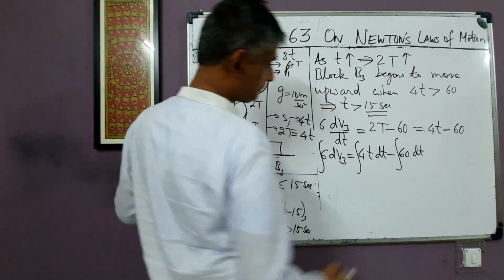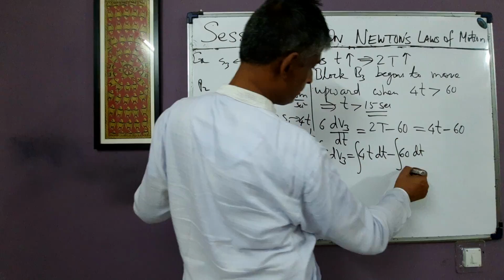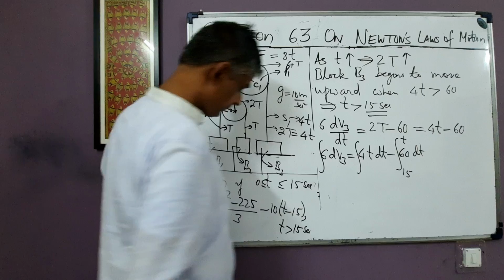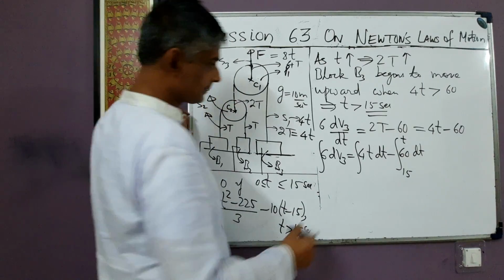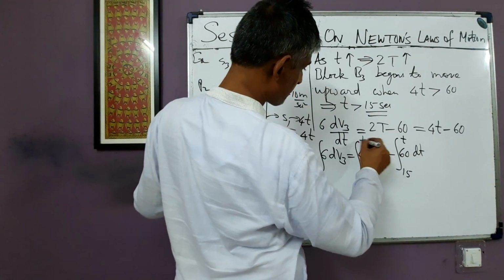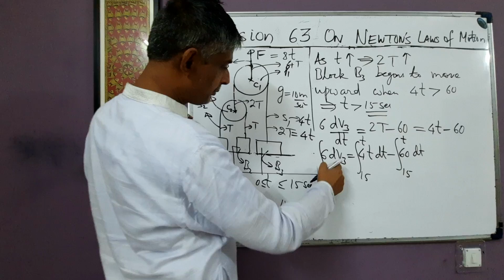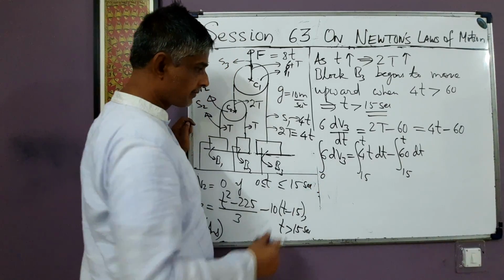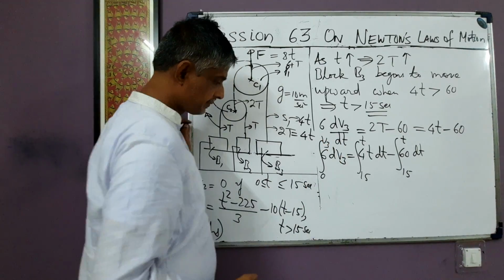Now integrate this. Lower limit of t will be 15, upper limit is t. Here also 15 to t. Here the lower limit of v3 will be 0 when t is 15. Upper limit is v3.